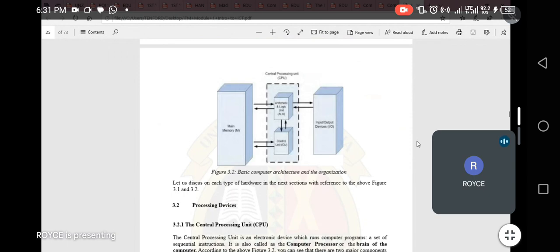It shows how the processing devices, the input and output devices, the memory devices and the storage devices interact with each other in order for us to get the results that we want from a computer.